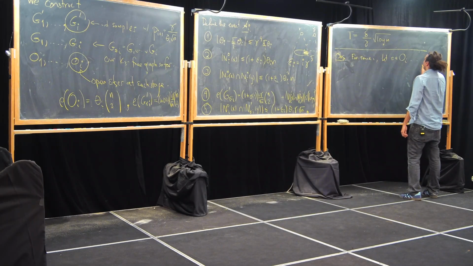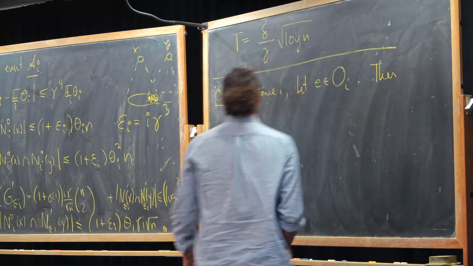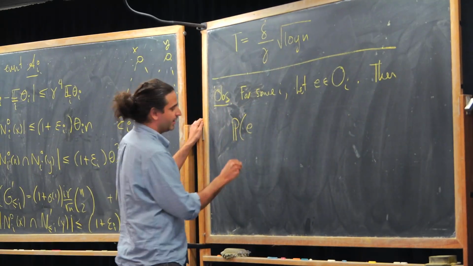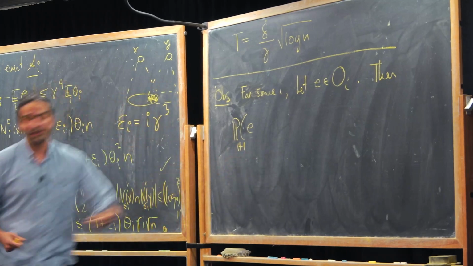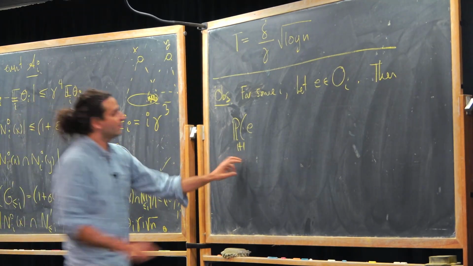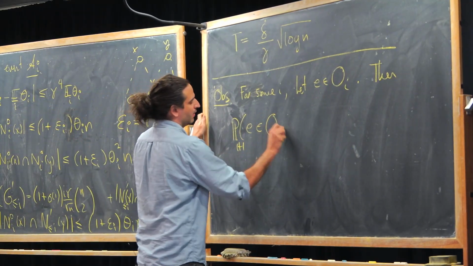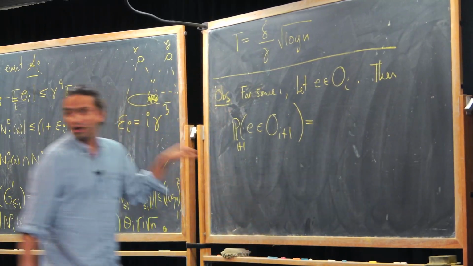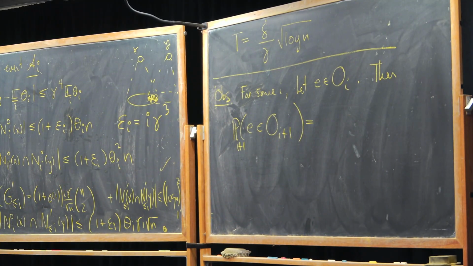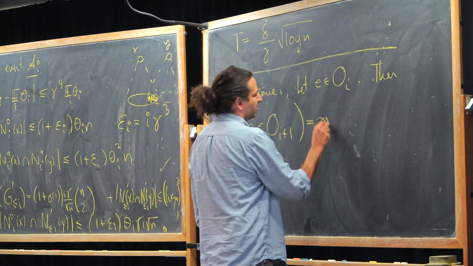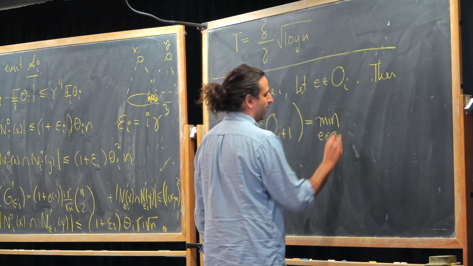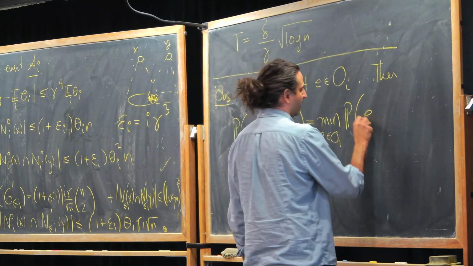Then the probability that e remains open into the next round, so now this is my randomness at step i+1, this probability is constant over all edges. So it doesn't matter what open edge I choose. So in particular, it's equal to the minimum of e in O_i times this probability.